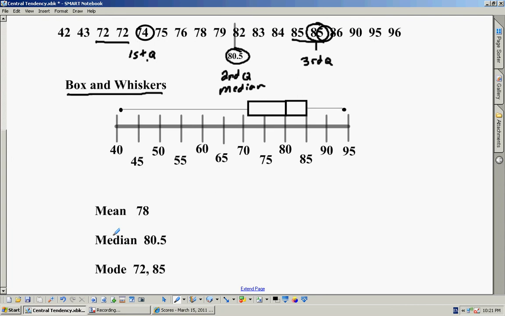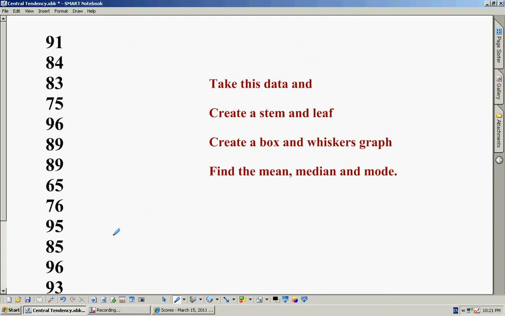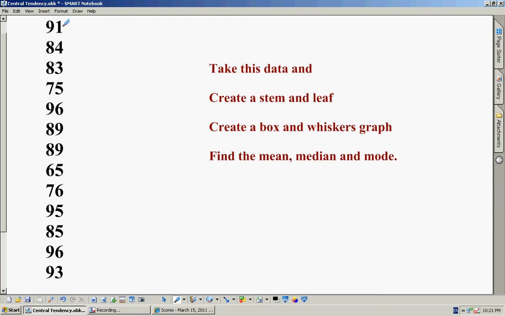Okay, here's your assignment. Here's a set of numbers, 91 to 93. There are 13 numbers, I believe. 1, 2, 3, 4, 5. 1, 2, 3, 4, 5. Yep, 13 numbers here.